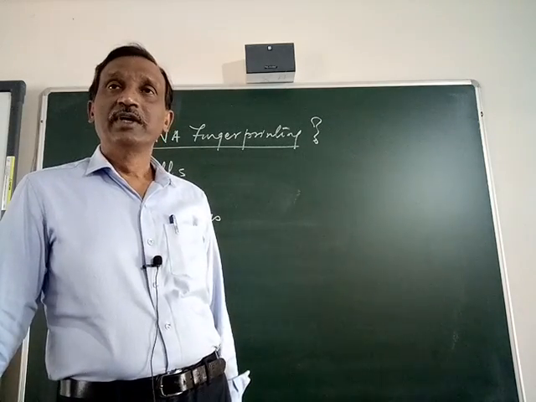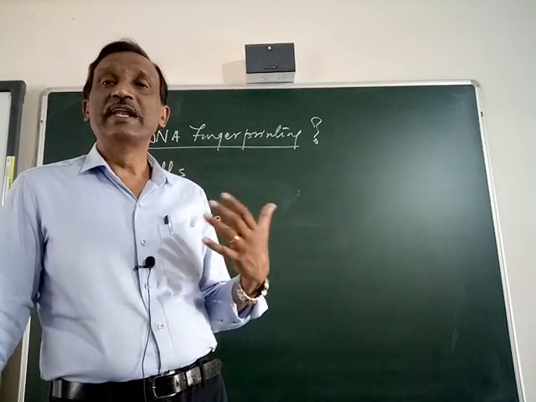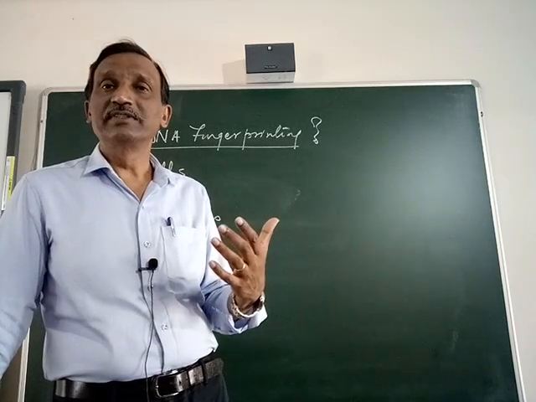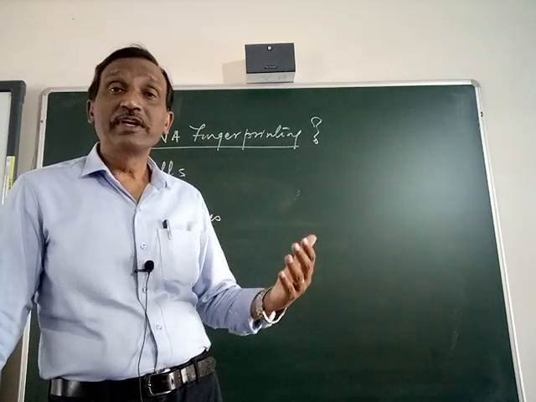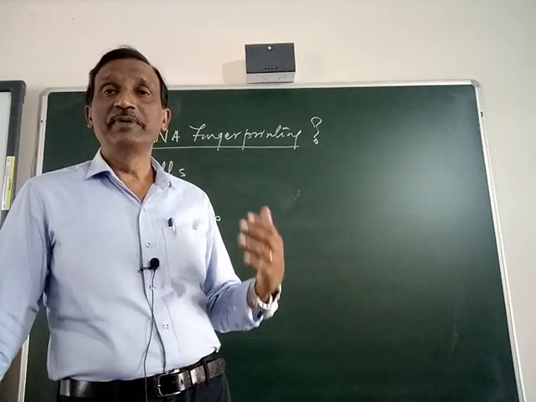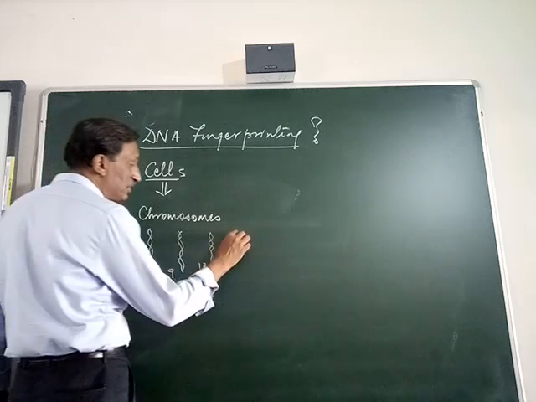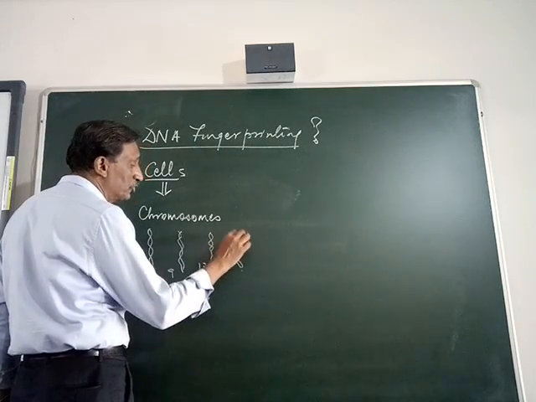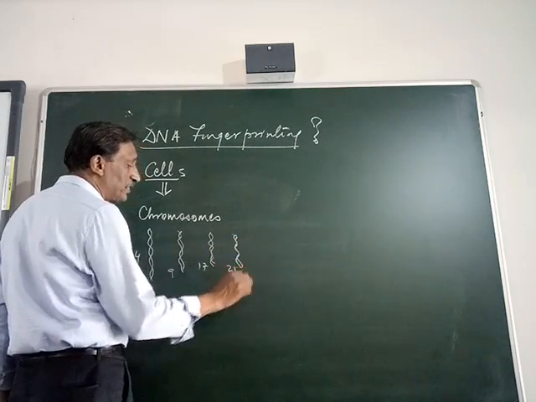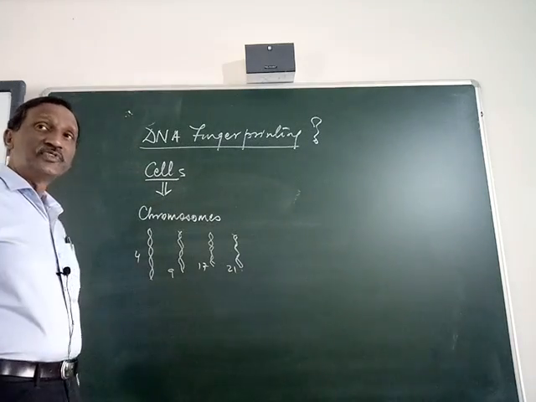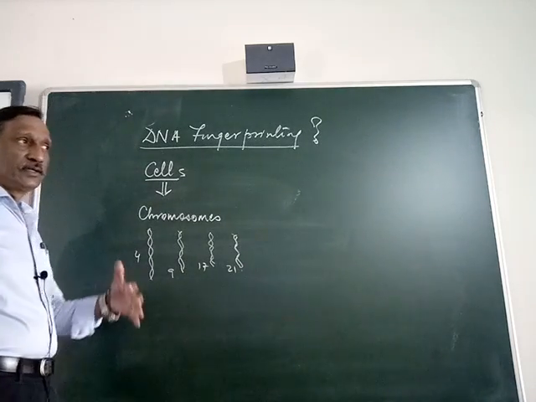Why is it not accurate? Because the laboratory may take only 1 or 2 segments. The more segments we take, the more the possibility of accuracy. So suppose this is our 4th segment, and here it is 20%. 4 chromosomes we are taking.